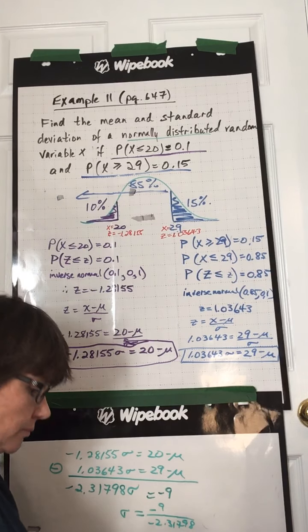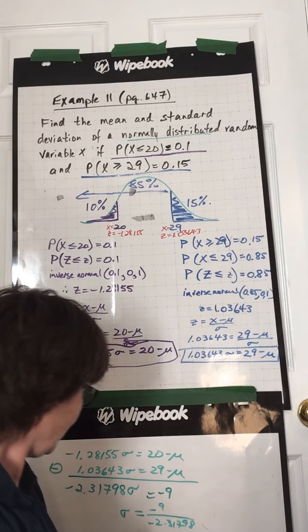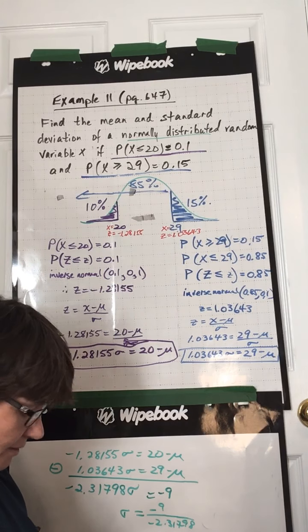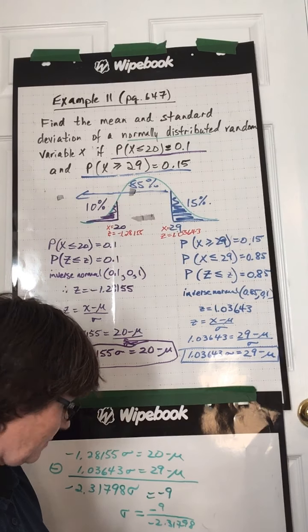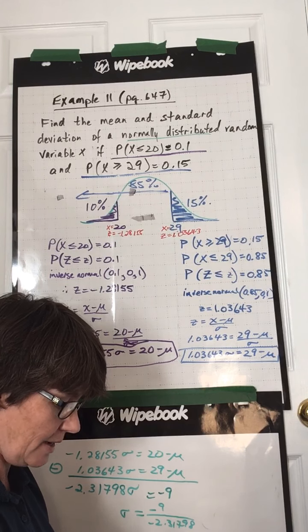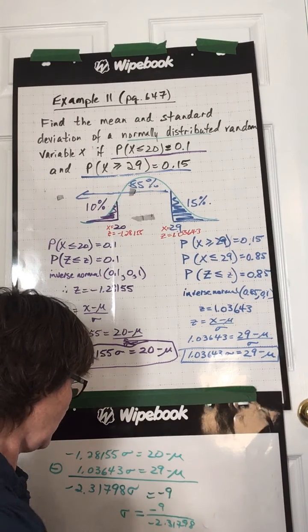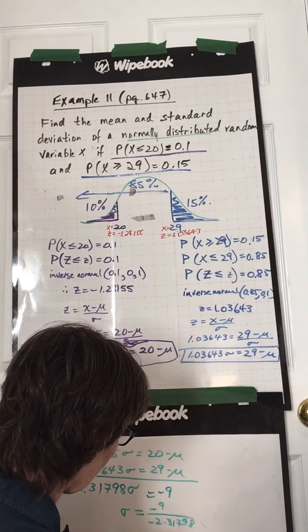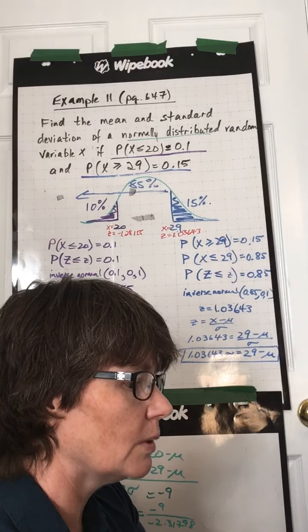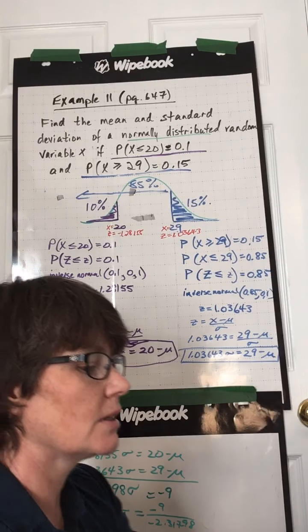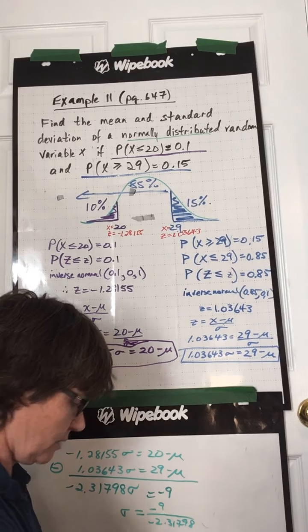Hopefully I'm doing my arithmetic correctly. Usually you guys are here to help me fix my little mistakes on the board. Sigma is 3.88269.